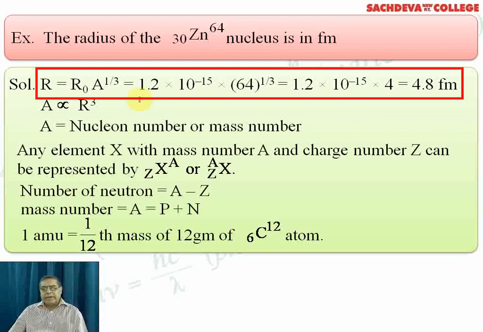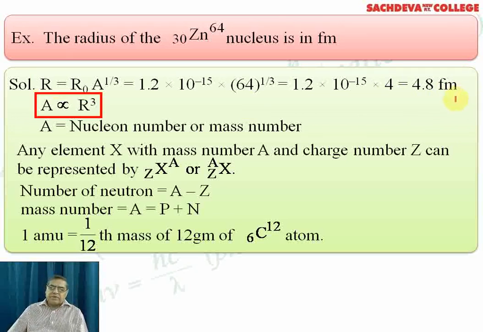So 1.2 into 10 to the power minus 15, and for A we will put 64 to the power 1 by 3, and that will become 4. So 4 is multiplied by 1.2 into 10 to the power minus 15, and first of all we get our answer in meters, and then we convert it to Fermi, and finally it will become 4.8 Fermi.